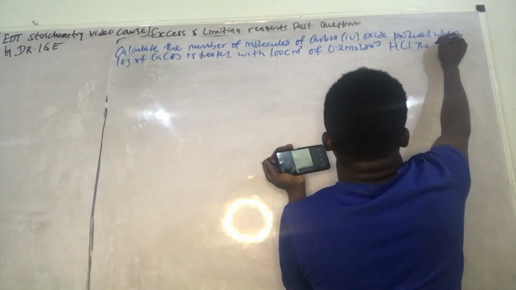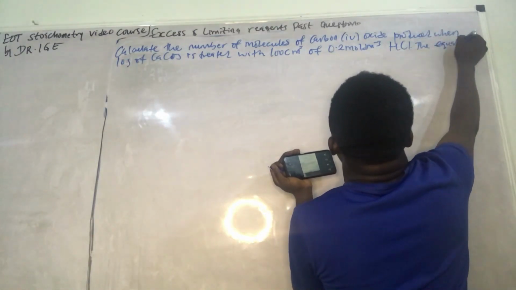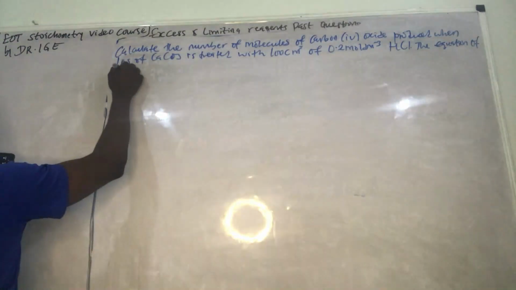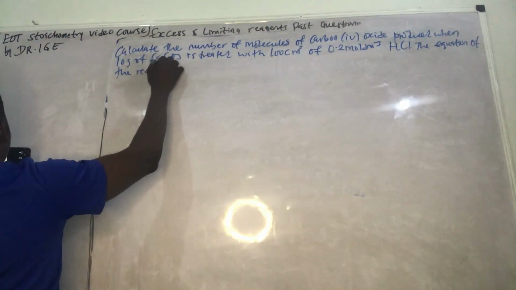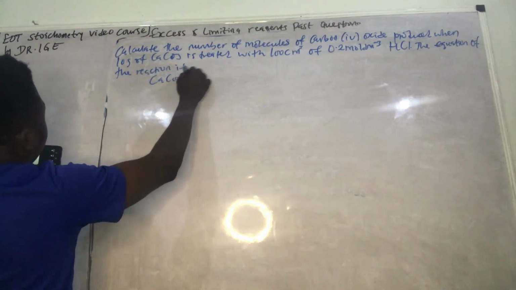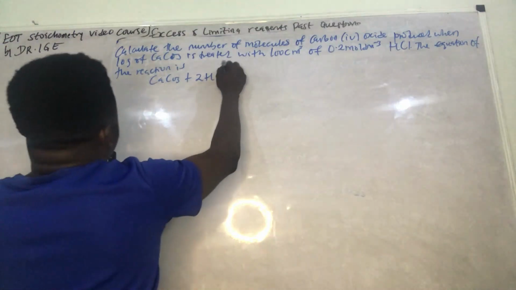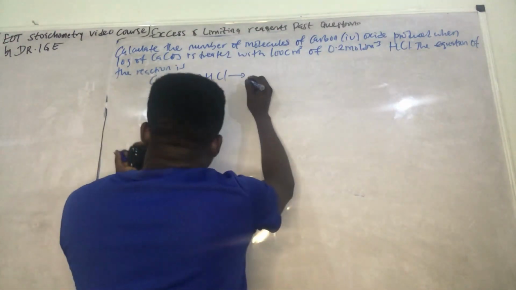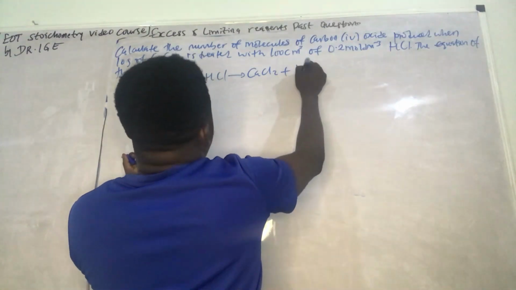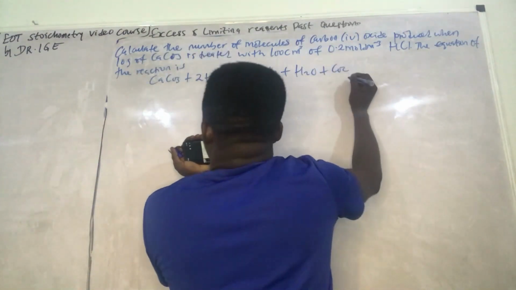The equation of the reaction is CaCO3 plus 2HCl gives CaCl2 plus H2O plus CO2.